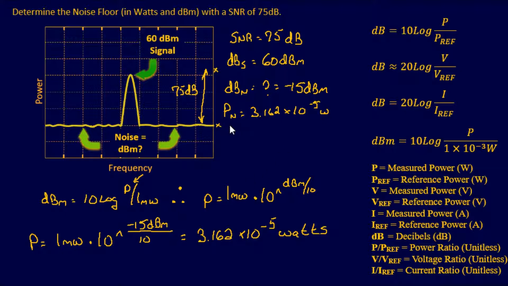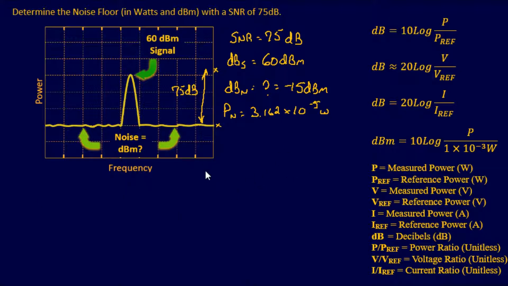So let's go ahead and confirm this. Let me go ahead and erase this. Let's try to work backwards and use this equation right here. So the first thing I want to do is convert my decibels here to power, just like we did for noise. So like we did here, it's power, and this is for signal. It's going to be 1 milliwatt times anti-log of your decibels divided by 10.